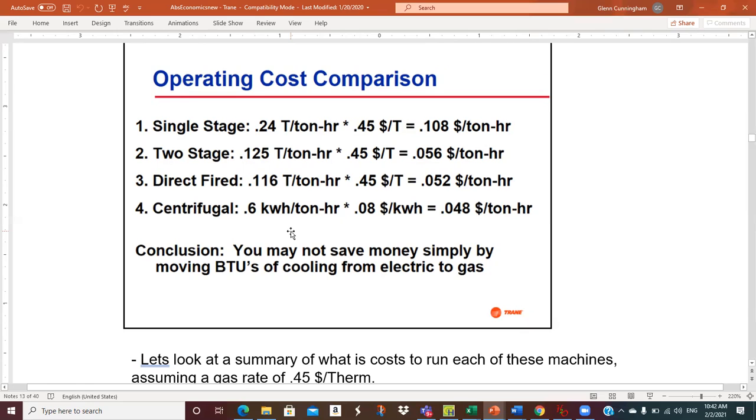Okay, so it says it takes 0.6 kilowatt hours to produce a ton hour of refrigeration. A kilowatt hour is 3412 or 3413. You see it both ways. I'm going to use 3413 times 0.6.